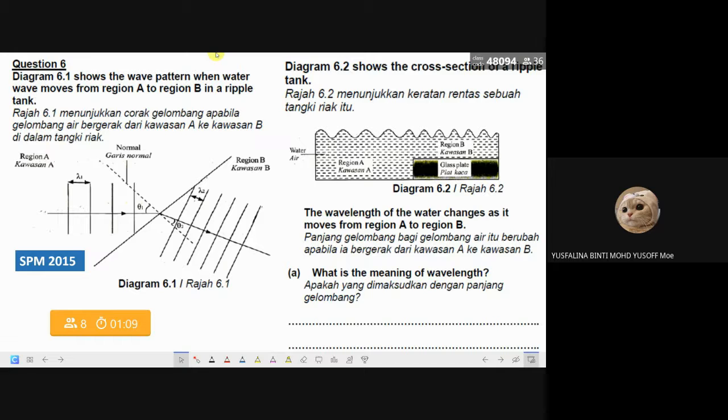Okay, usually when I say wavelength, I will already say from crest to crest, or from trough to trough, or you can say it will form like two semicircles, so then it will form one wavelength. Okay, so how do you want to express that in words?